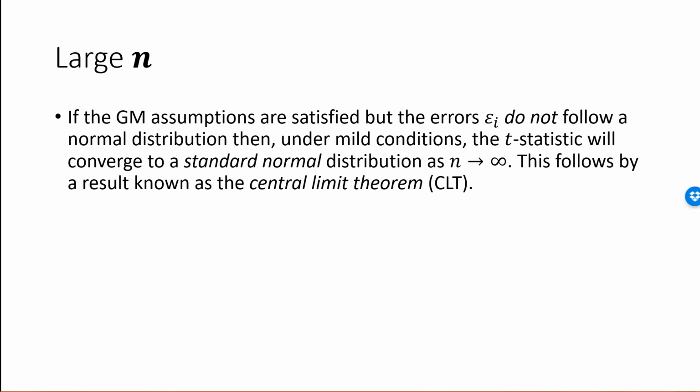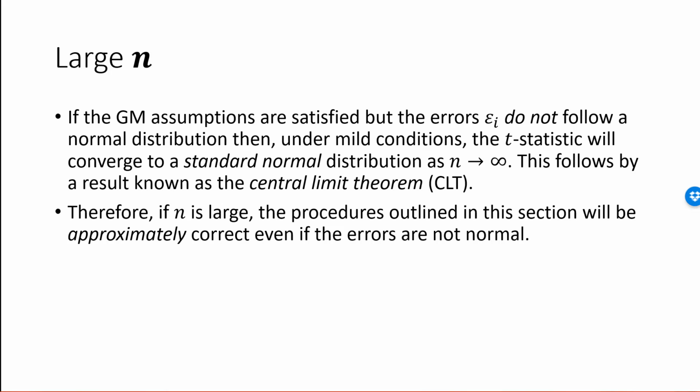So how large is large? Well, that kind of depends a little bit on the setting. But in most cases, if you go above 30 or so, then you probably don't have to worry too much about this normality assumption. So keep this in mind.